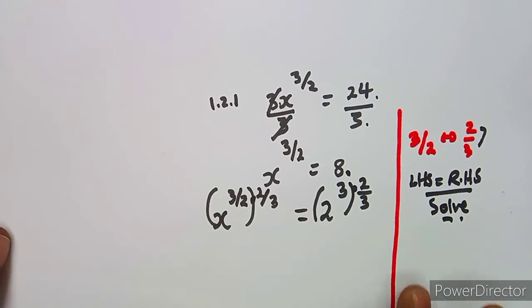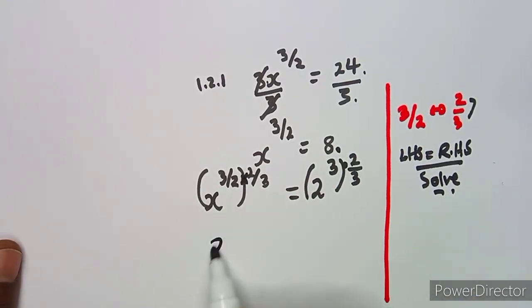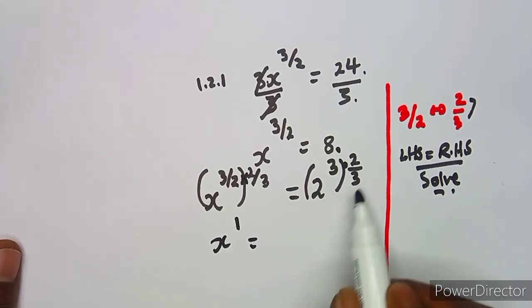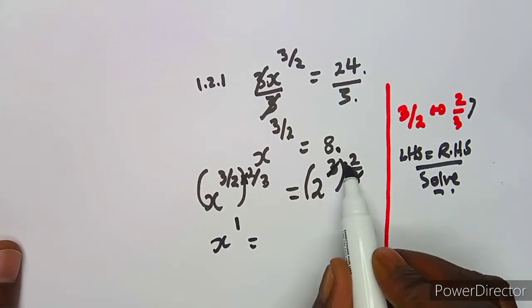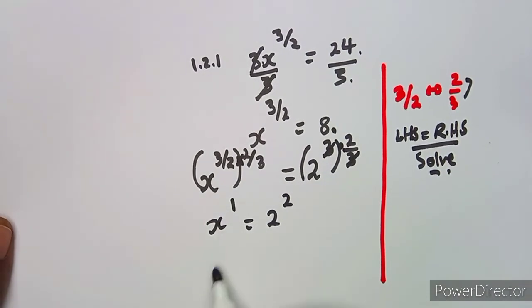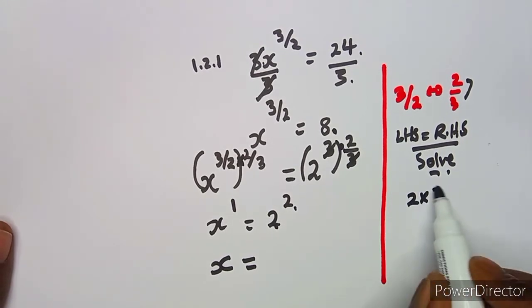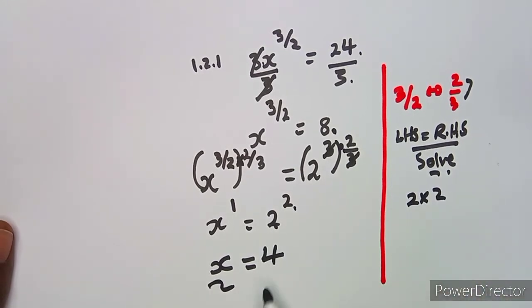Since that is the concept, if we multiply this, we obtain x to the exponent of 1, and this can cancel. We're going to have 2 to the exponent of 2. So x to the exponent of 1, that is x. 2 to the exponent of 2, that is 2 times 2, which is 4. So our x in this case is going to be 4.